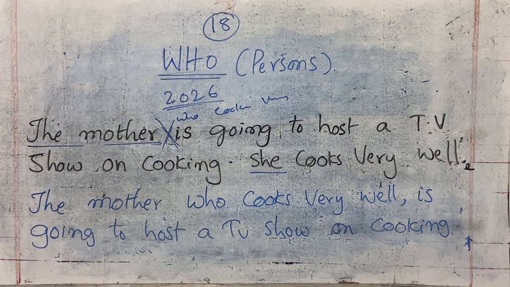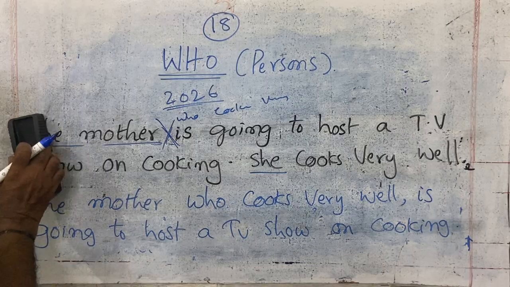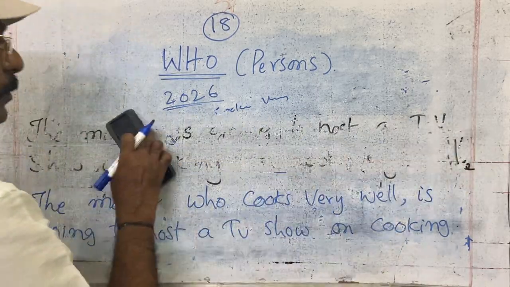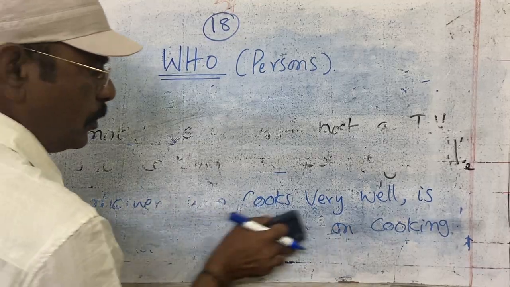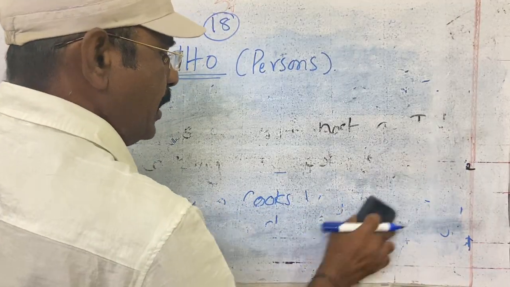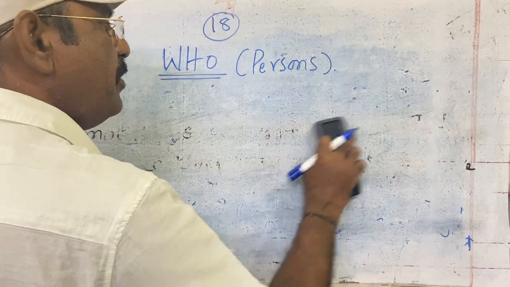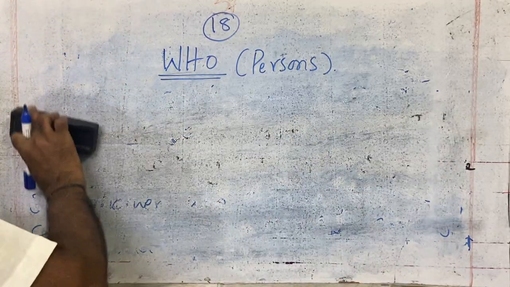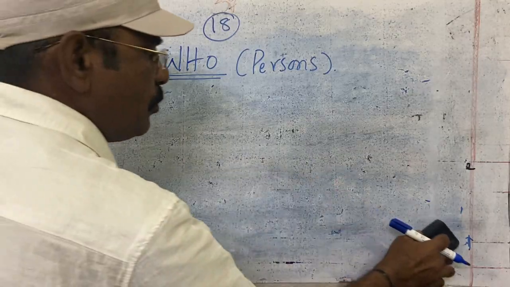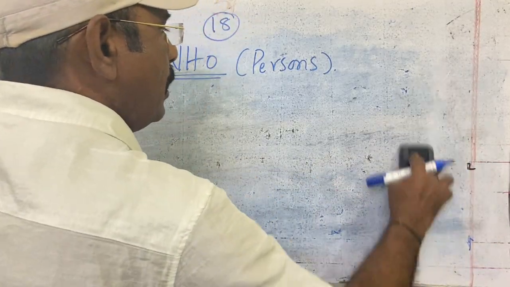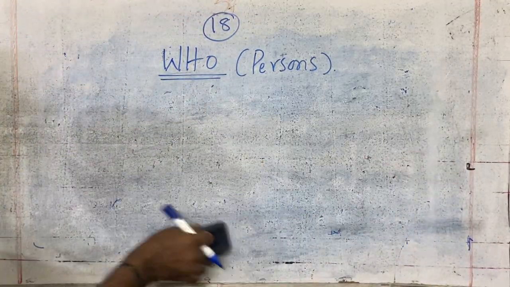Now we are going to the 2025 models. We verified both defining clauses given in 2026, that is the latest model paper given by the AP government.